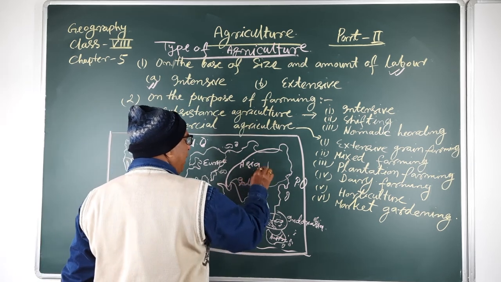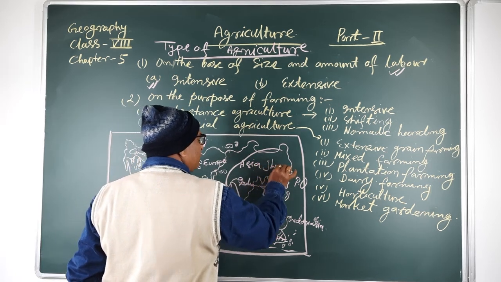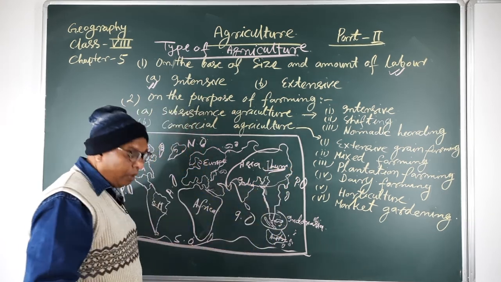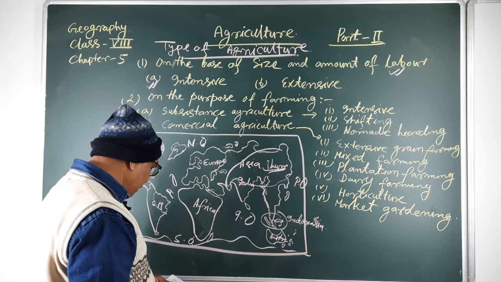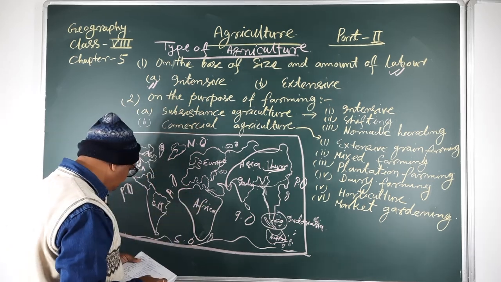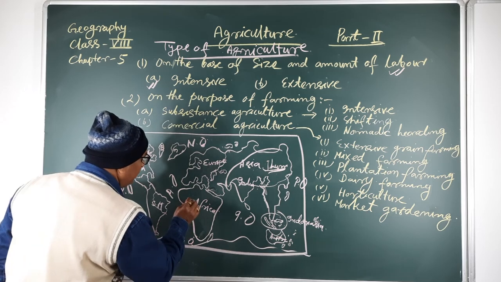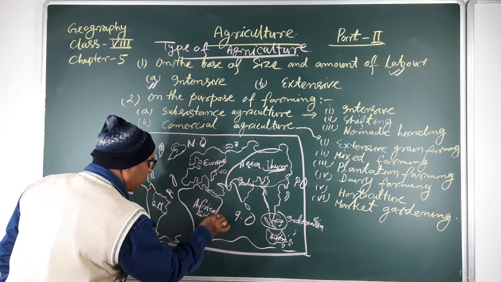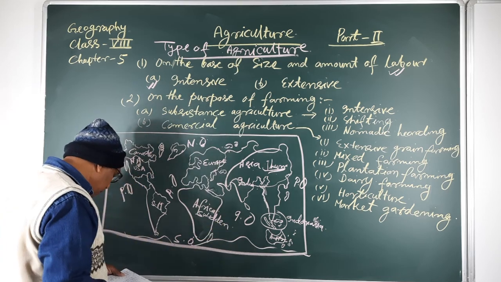It is known as Jhum agricultural farming. But in Africa, it is known as Swiden.